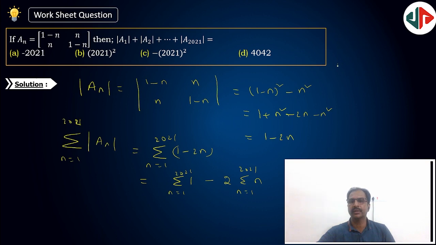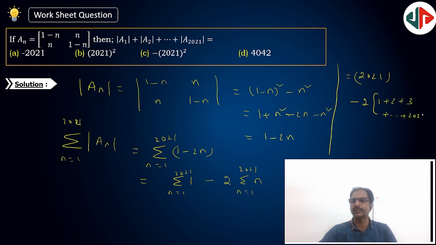What is sigma 1? 1 plus 1 plus 1 plus, 2021 times. So 2021 minus 2 times. What is the meaning of sigma n? 1 plus 2 plus 3 plus so on up to 2021. So 2021 minus 2 into sum of n natural numbers, n into n plus 1 by 2.